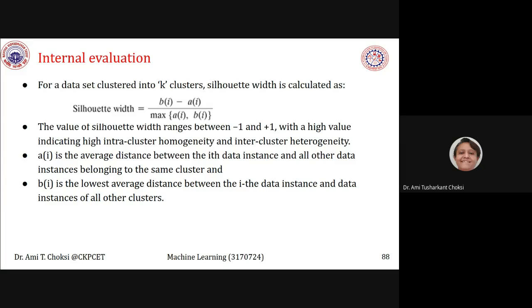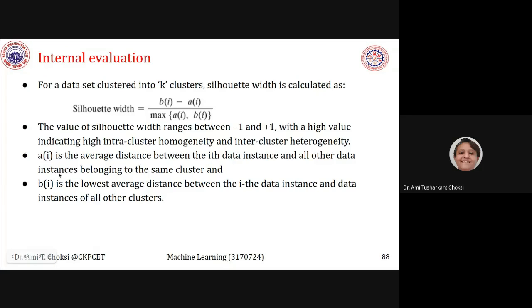So the value of Silhouette width ranges between -1 to +1 with a high value indicating high intra-cluster homogeneity and inter-cluster heterogeneity. Inside the cluster, that is intra, you are having the homogeneity, and in relation with the other cluster, it is having the heterogeneity.